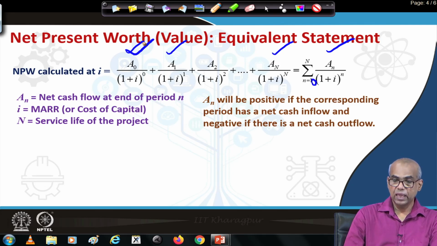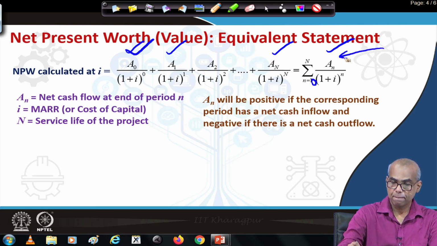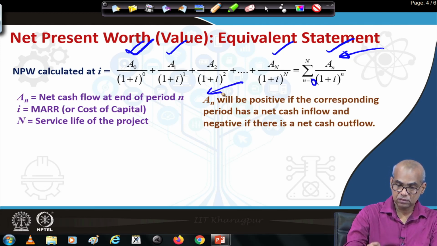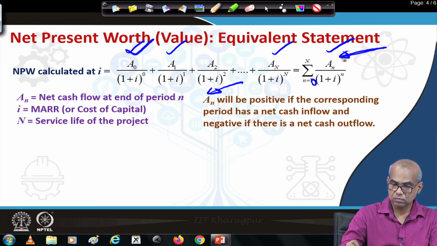Now, An is the net cash flow at end of period n. i is the minimum acceptable rate of return or cost of capital, and capital N is the service life of the project. An will be positive if the corresponding period has a net cash inflow.